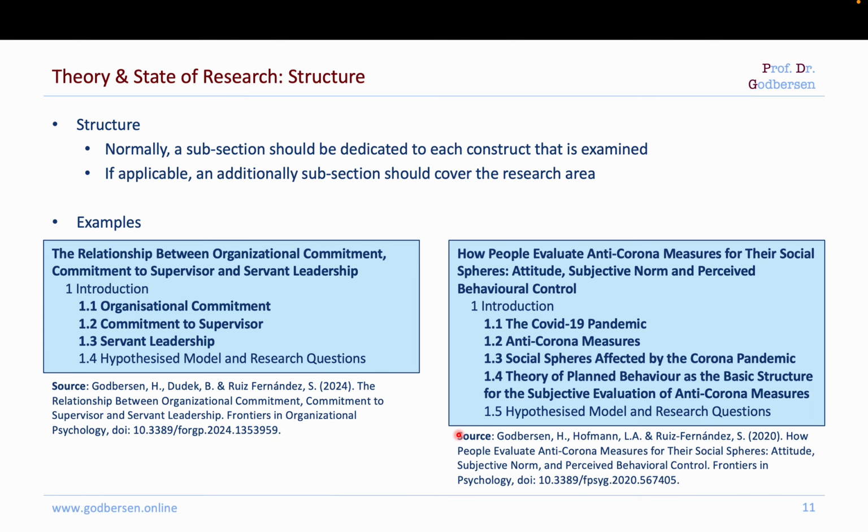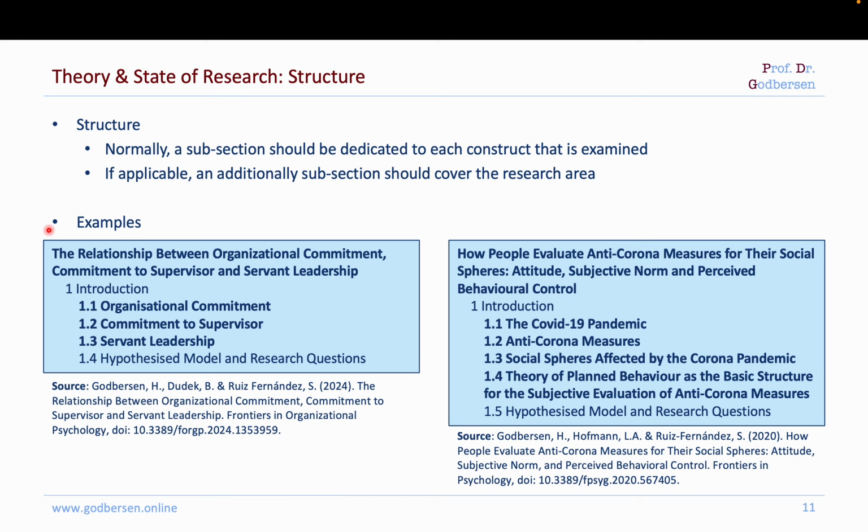With these examples, I would like to show you how to structure your theory section. So normally, you can dedicate to each construct you're examining one subsection. And if applicable, you should have another subsection for the research area you are examining.